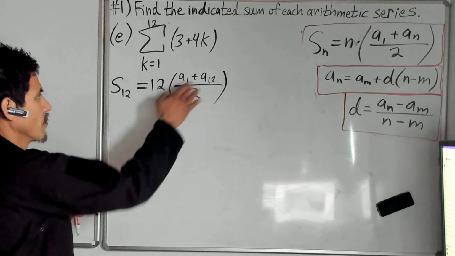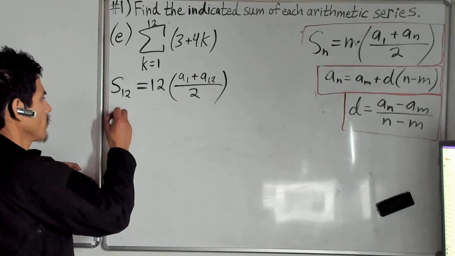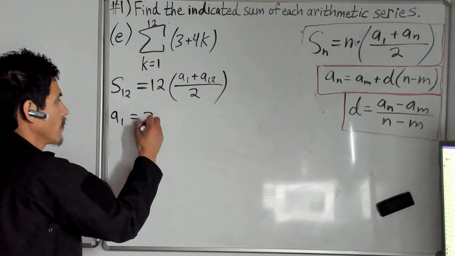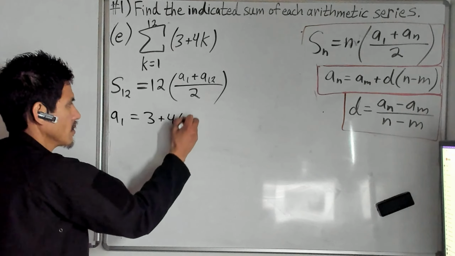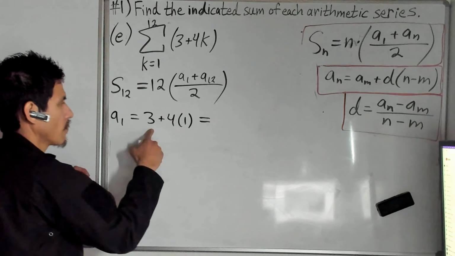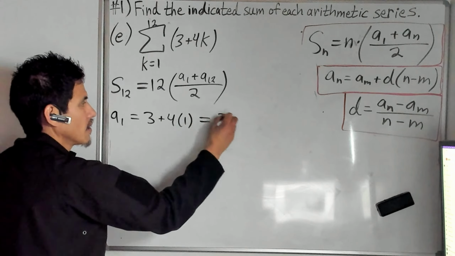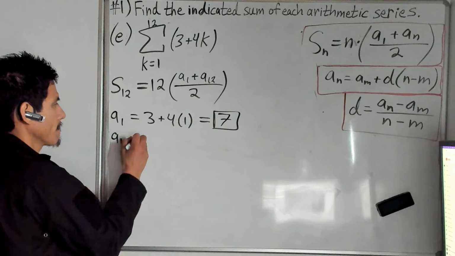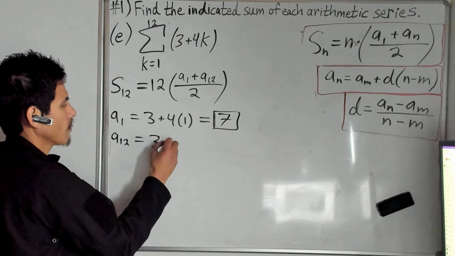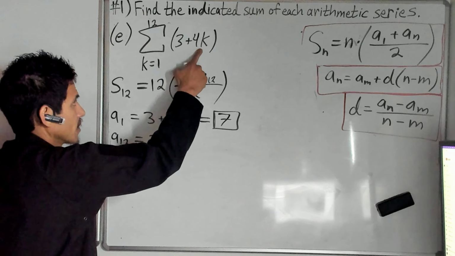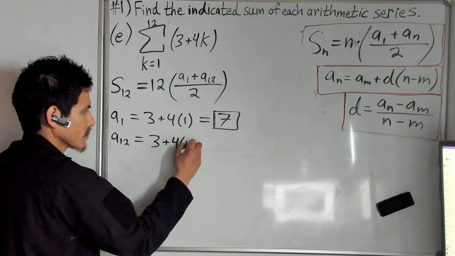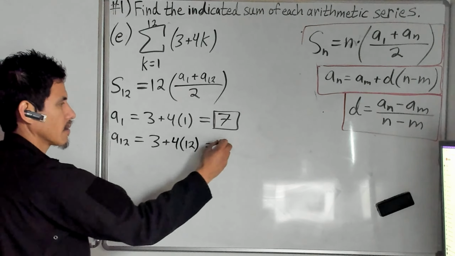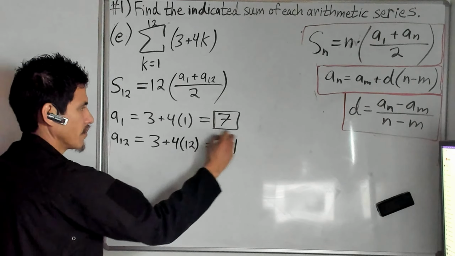And let's find then A1 and A12. So A1 we find by plugging 1 into here. 3 plus 4 times 1. 3 plus 4, 7. A12, 3 plus 4 times 12. 3 plus 48. 51.